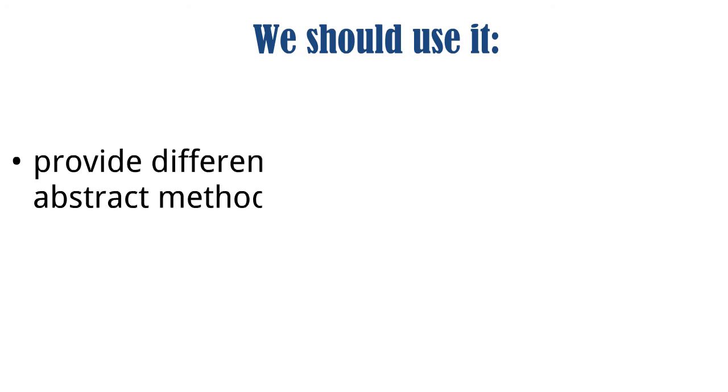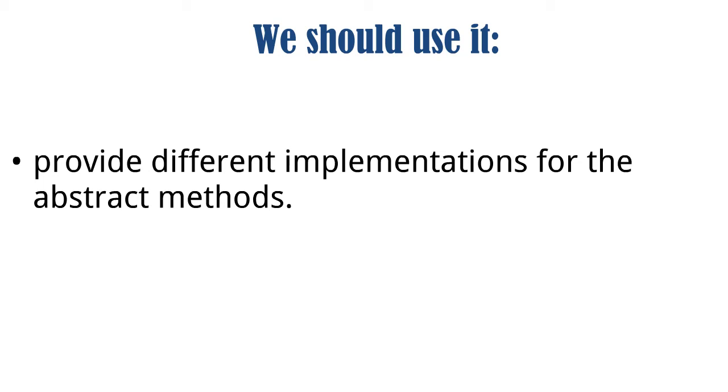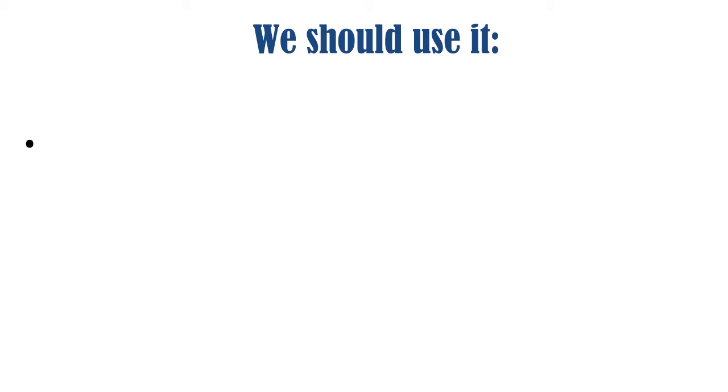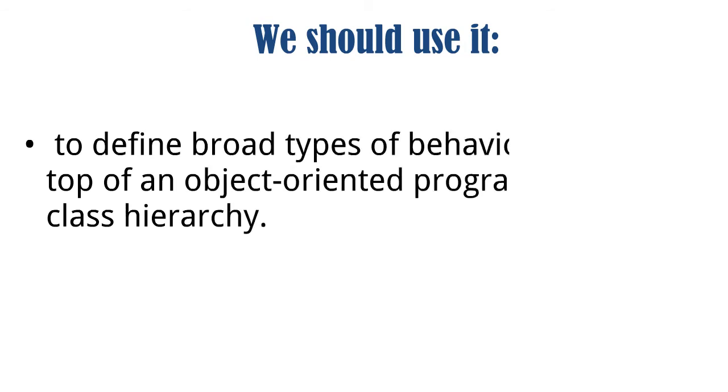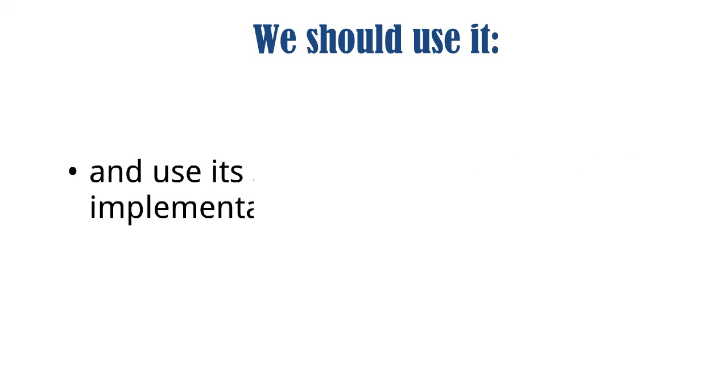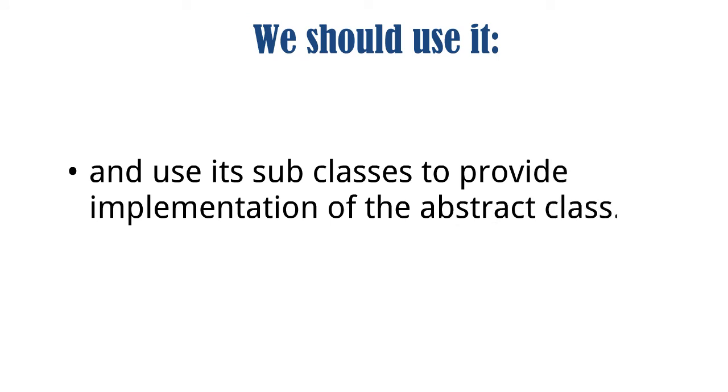These subclasses extend the same abstract class and provide different implementations for the abstract methods. 3. Use abstract classes to define broad types of behaviors at the top of an object-oriented programming class hierarchy, and use its subclasses to provide implementation of the abstract class.